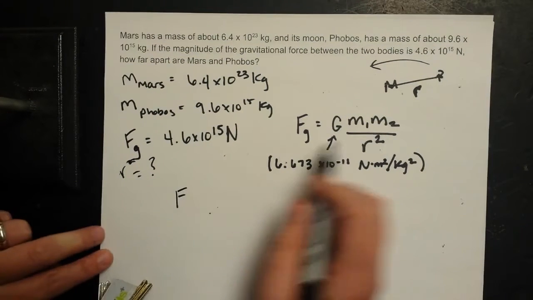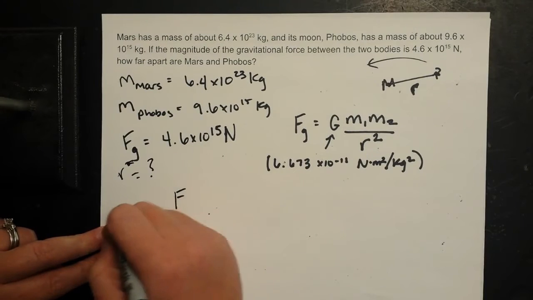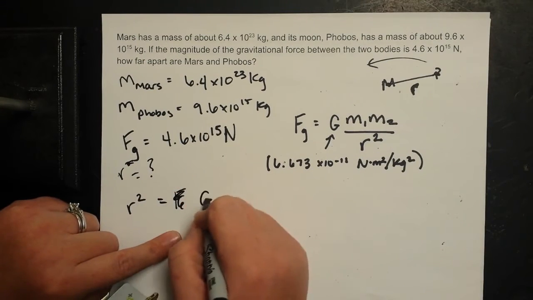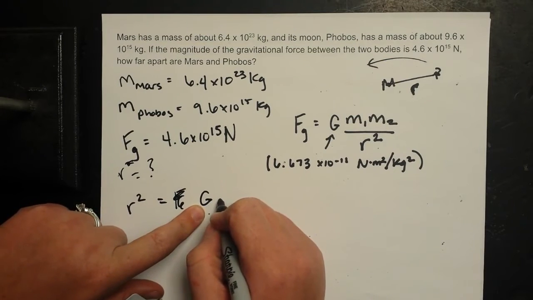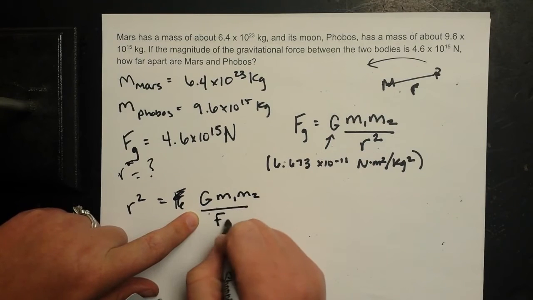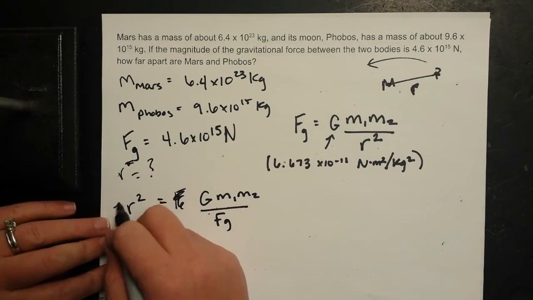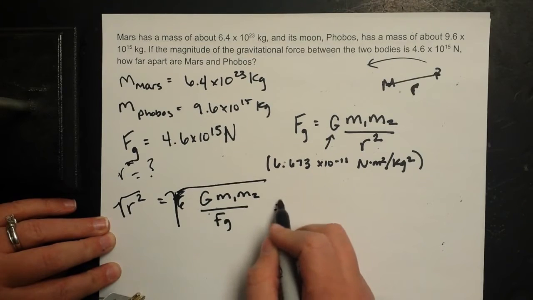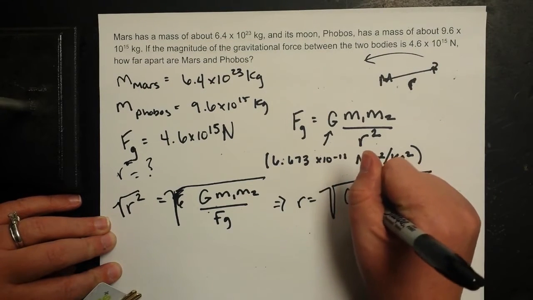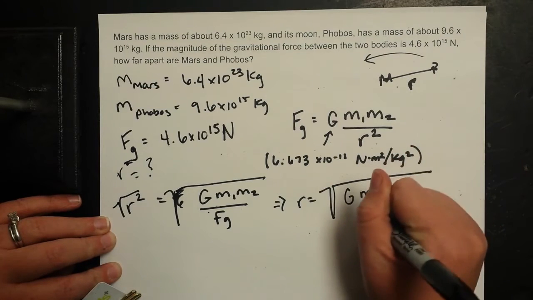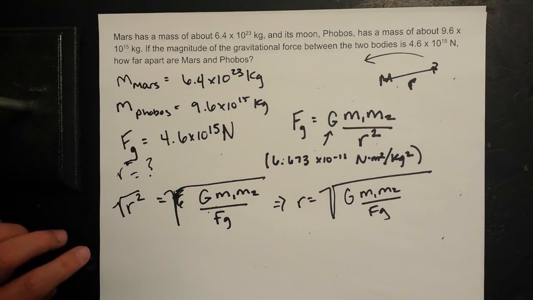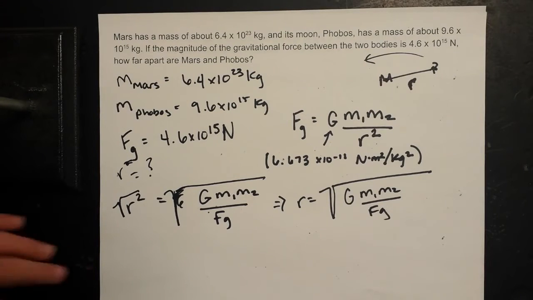So again, I can swap these two and say that R squared would be the constant of universal gravitation times m1, m2 over my gravitational force, square root the 2. I get R is equal to the square root of G times m1, m2 over Fg. Okay. Alright, looks like a lot of crazy math. It's really not too bad.